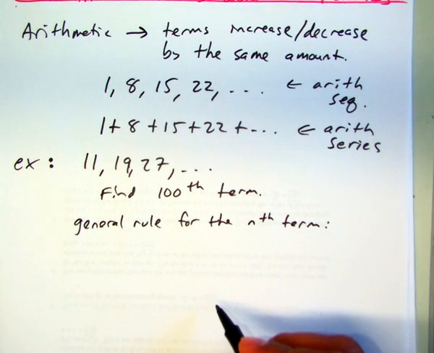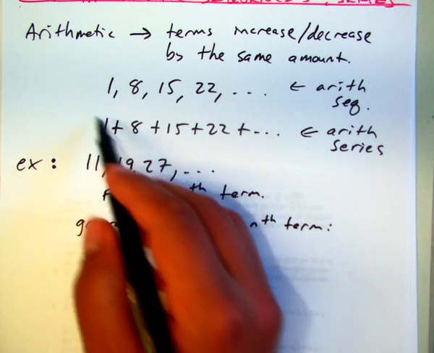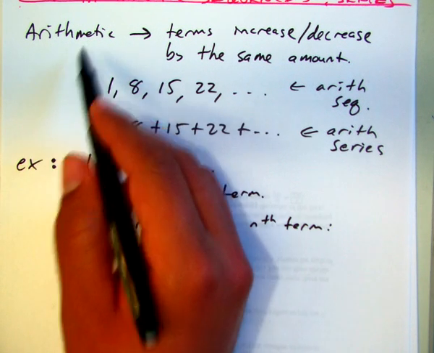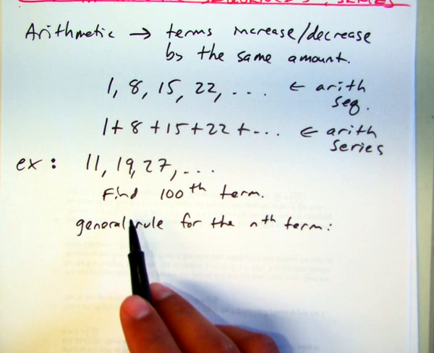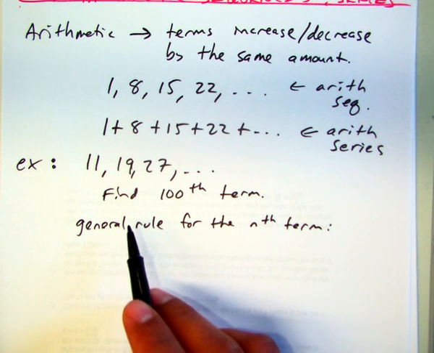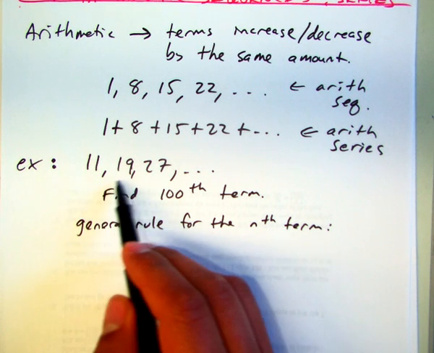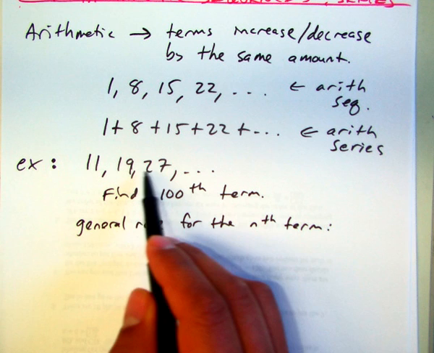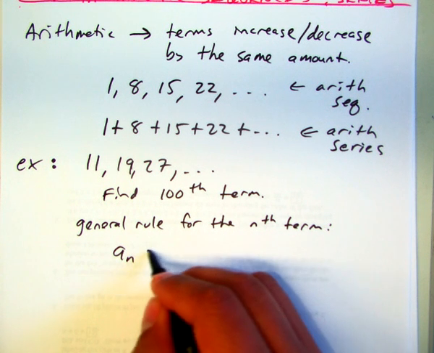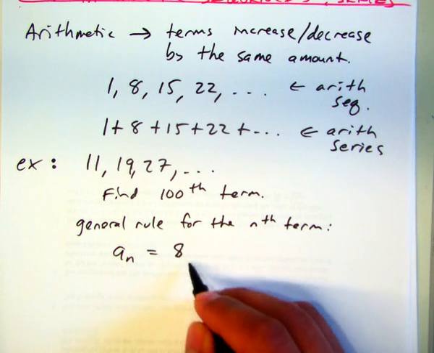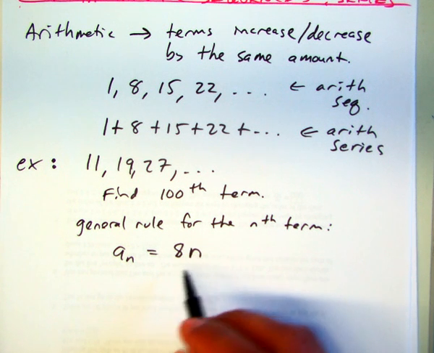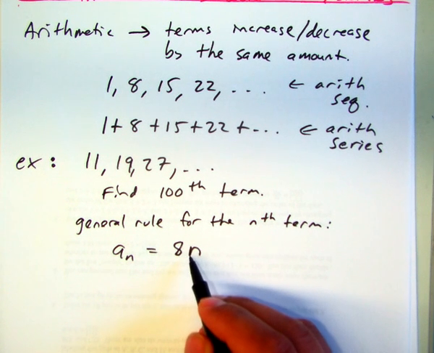Before I give you a formula for an arithmetic sequence, which will always work, I'll review the shortcut that we talked about in the previous lesson. When you notice that the list of numbers is increasing by the same amount, you can pretend that that's a slope of 8. So the rule has to be something that has 8n in it.